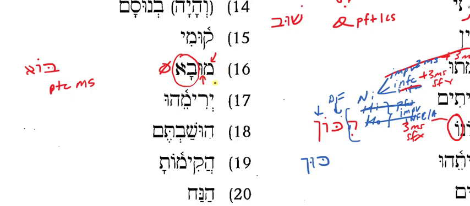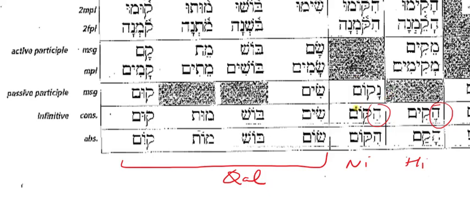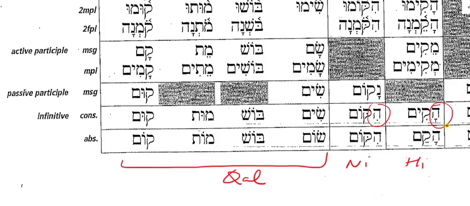A, I, or U class? That's U class. And which stem wants to take a U class vowel with the prefix mem in the participle? The hophal. Under the strong verb, what would be that U class vowel usually?